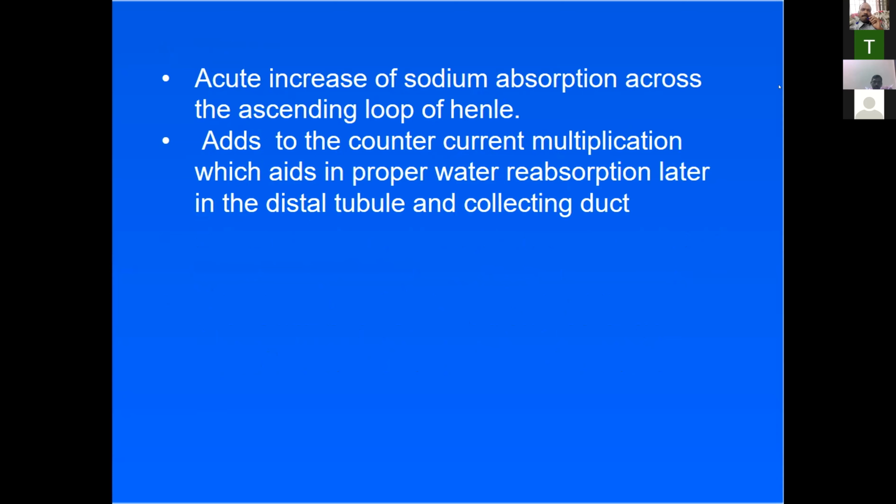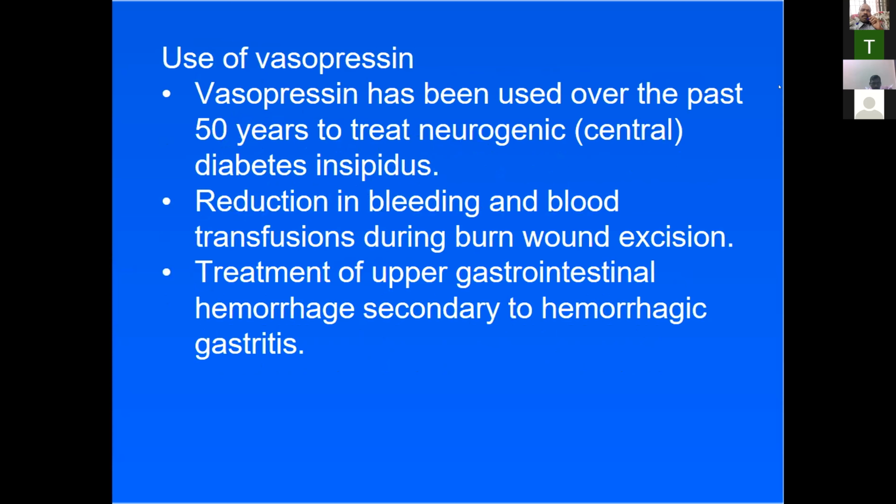Next one, sir. Use of vasopressin. Vasopressin has been used over the past 50 years to treat neurogenic, that is central, diabetes insipidus, and it is also used for reduction in bleeding and blood transfusion during burn wound excision. Whenever there is a burn wound excision, a large volume of blood comes out.